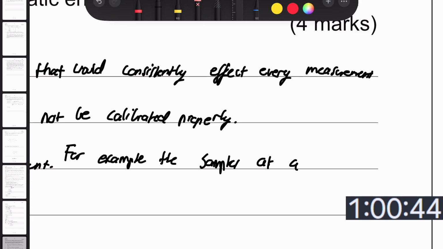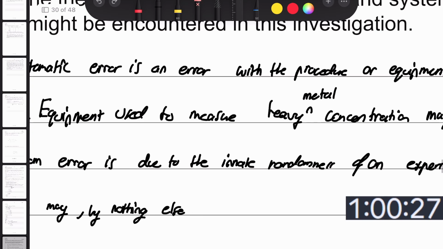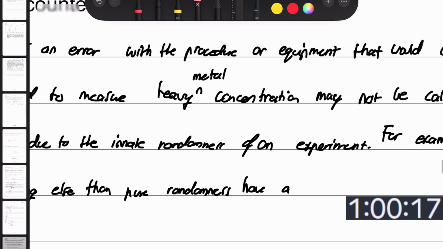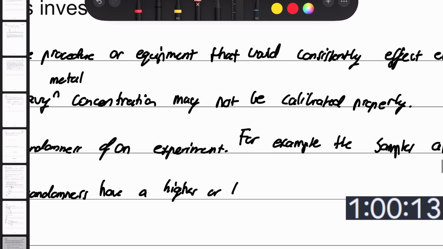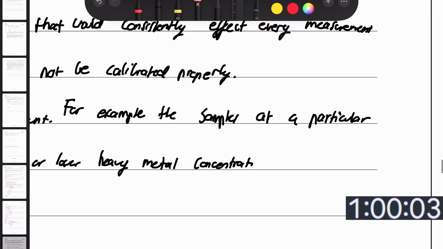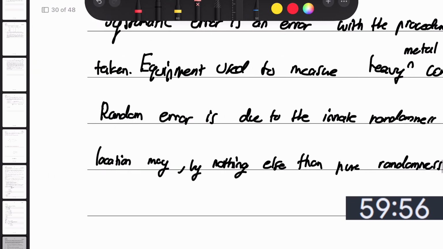Samples at a particular location may, by nothing else than pure randomness, have a higher or lower heavy metal concentration than the rest of the location.